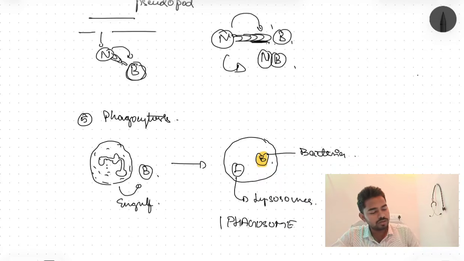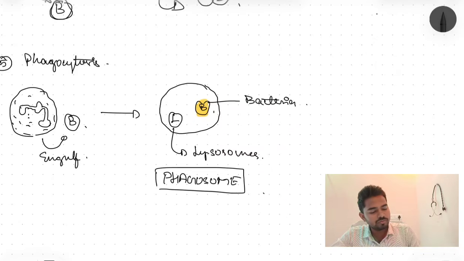When there is lysosome and also bacteria in a neutrophil, we'll call this structure phagosome.